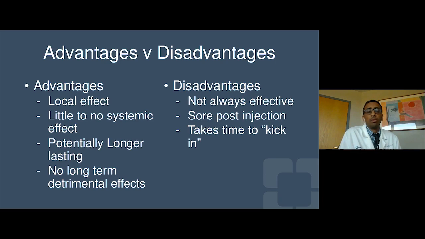Can be a little sore, like we talked about post-injection. It does take some time to kick in. Usually, cortisone kicks in very quickly, mainly because of the lidocaine that's involved with it, usually within a couple days or so. A gel or a hyaluronic acid injection can take even 2 weeks or so to kick in.